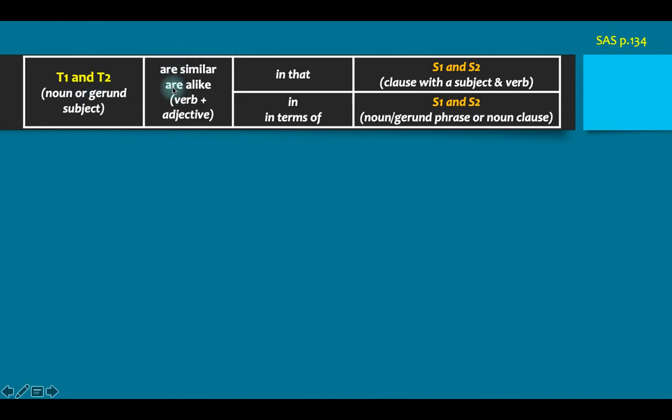are, they are, and then we're using an adjective. Are similar, are alike. And then we have two possibilities here. We could say in that plus our two subtopics, but these will be in a sentence form with a subject and a verb. And I'll show you an example.